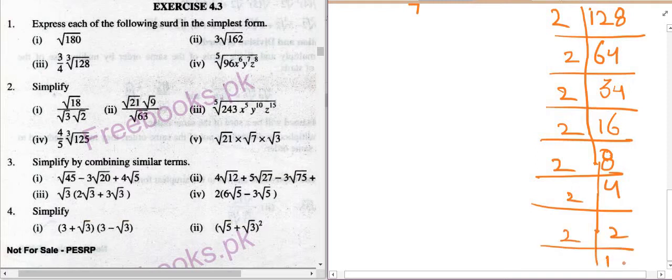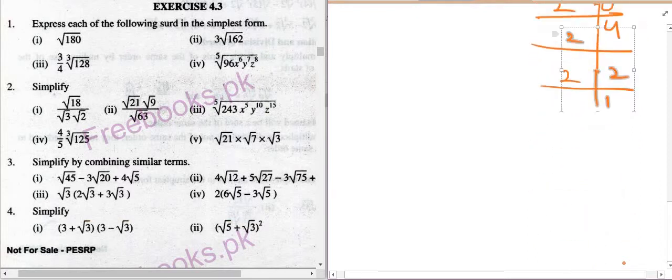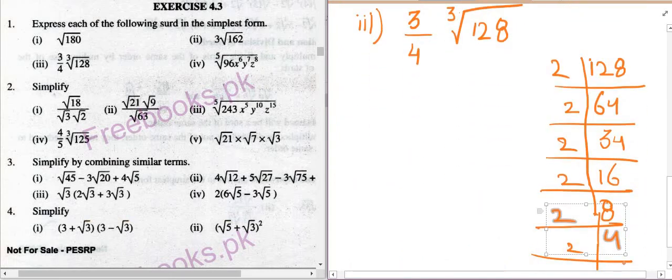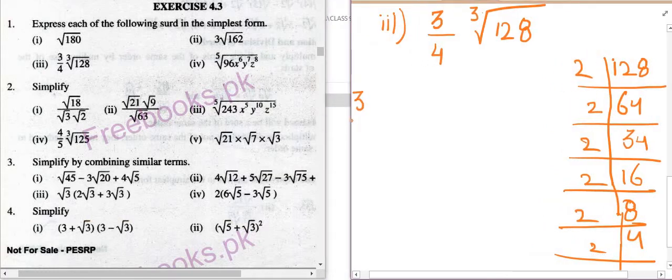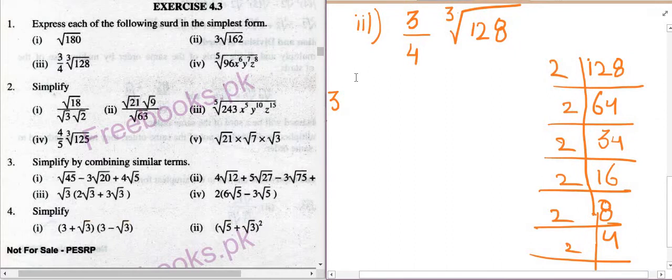Clear? Now what is the order of surd? Order of surd is 3. So try to write all the multiples in cube form. Okay, there is a cube root.